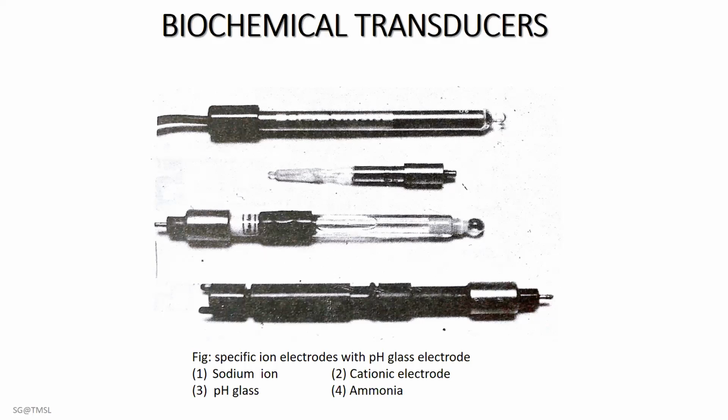The third is the pH electrode. The fourth is the ammonia electrode, which is used to determine ammonia dissolved in aqueous solution. These are ion-selective electrodes.